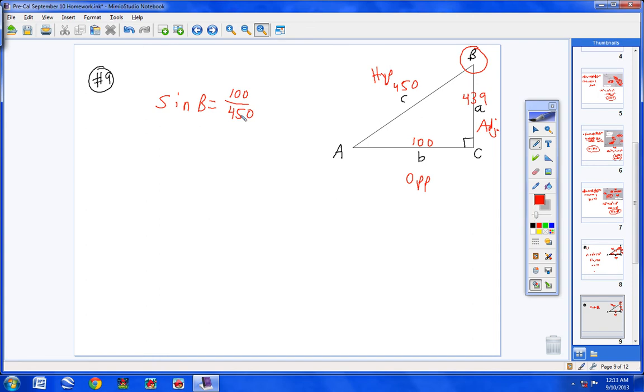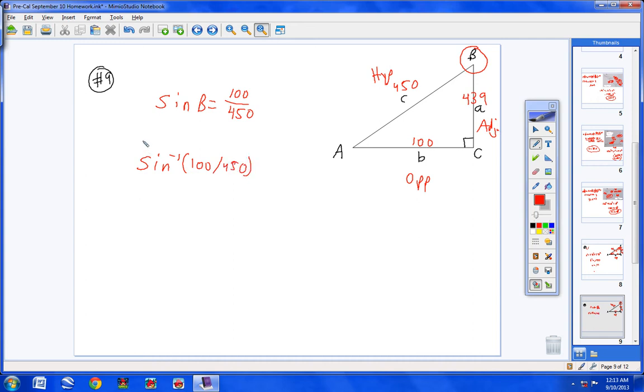Now, students, please watch this. Look, here's my unknown. It's an angle. Anytime you're trying to find an angle that satisfies a trig function, you hit second and then whatever that trig function is. In this case, it's sine. So you hit second sine, and up on your screen will pop this. And then type in 100 divided by 450, and then equals.